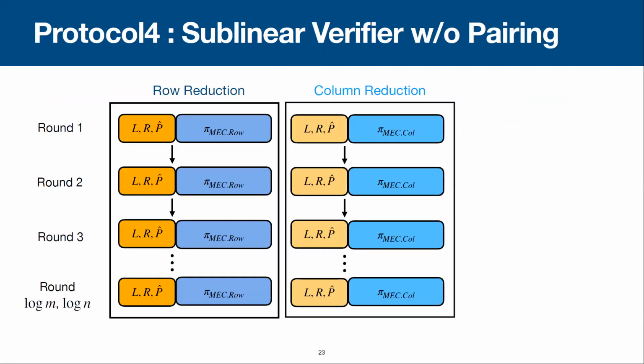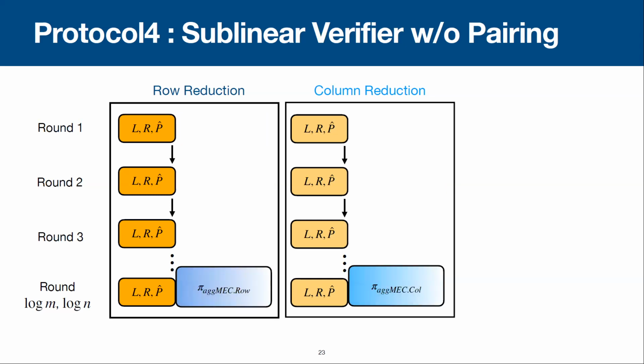This is a visualization for protocol 4. First, the commit and prove approach. The prover sends P hat and the proof for each round, but we apply the aggregation technique more. Actually, the prover sends P hat and, in the last round, the aggregate proof.